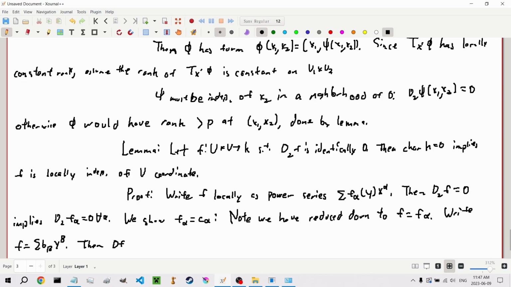Then d of f being 0 implies that beta sub i b sub beta equals 0, where beta is split into coordinates beta i, with i ranging from 1 through r.